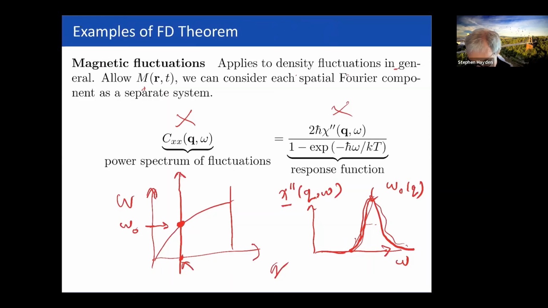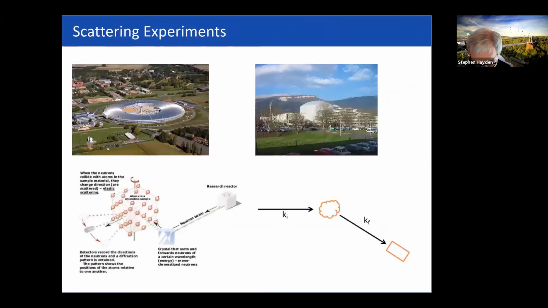These fluctuations we could measure by a scattering process. If you scatter off a system, you can scatter off the order, and you can scatter off the fluctuations as well. You can do that with X-rays, here's the Diamond synchrotron, or with neutrons, this is the Institut Laue-Langevin.